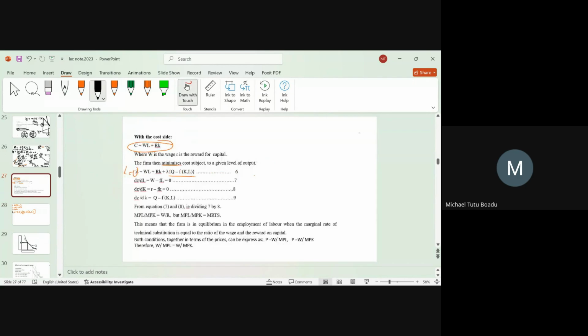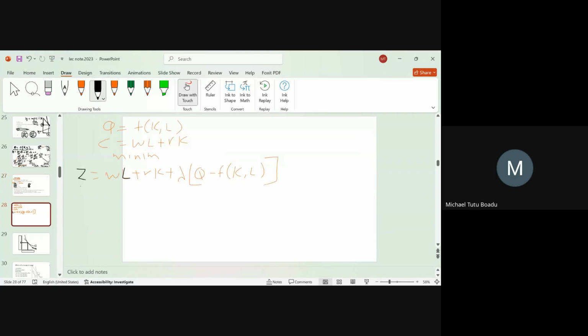So you have equation 7, equation 8, and equation 9. If you differentiate with respect to L, you have equation 7. With respect to K, you have equation 8. With respect to lambda, you have equation 9.